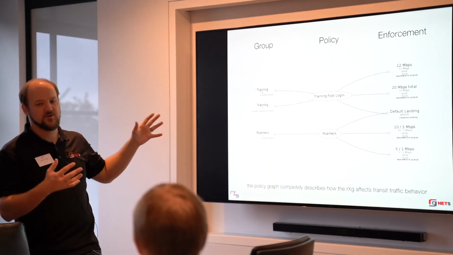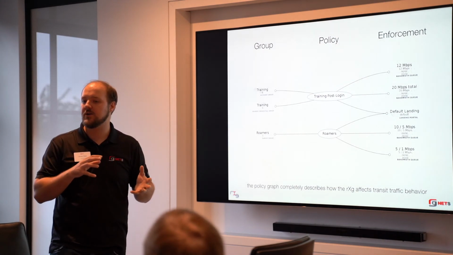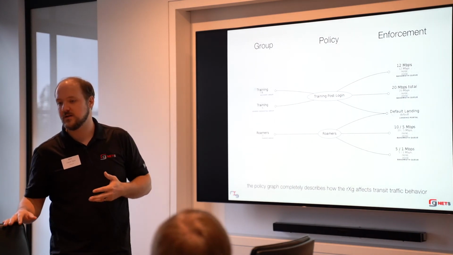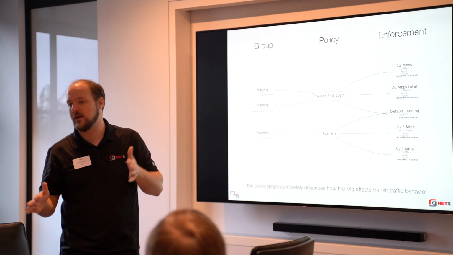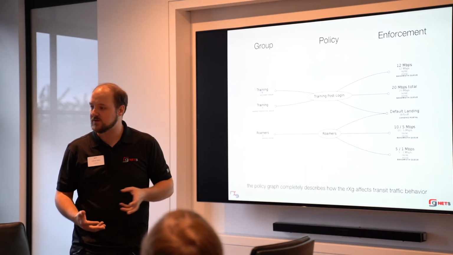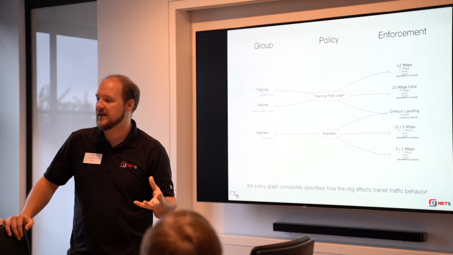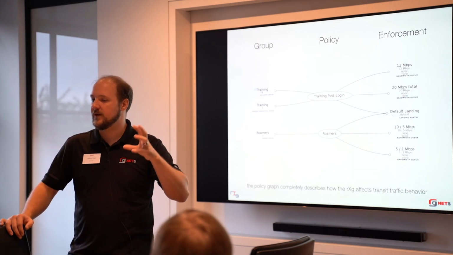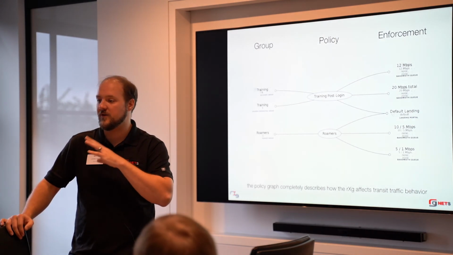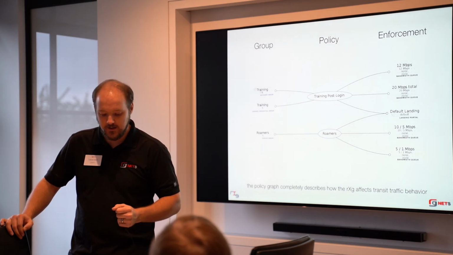This graph will describe the entire user experience in one visual thing, and it's automatically generated as you build out your policy in the RxG. Being able to visualize things in this way really helps to know what's going on in the network at one glance and see exactly what's happening.